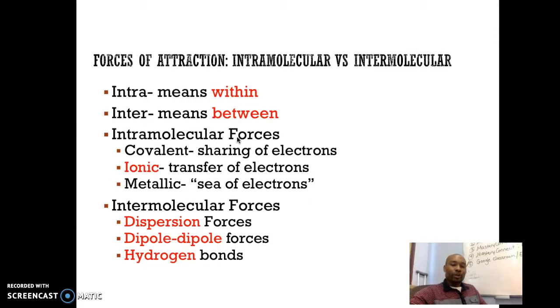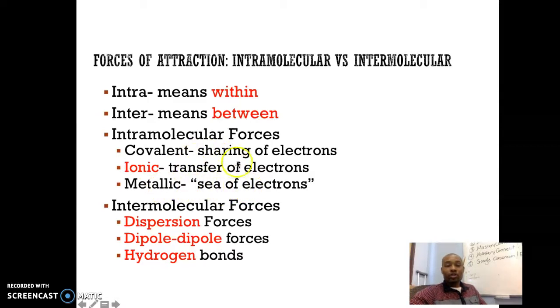And some of these intramolecular forces, you may recall, are covalent bonds, when the atoms share electrons, ionic bonds, when there's a transfer of electrons, and metallic bonds, when there's a sea of electrons in metals.